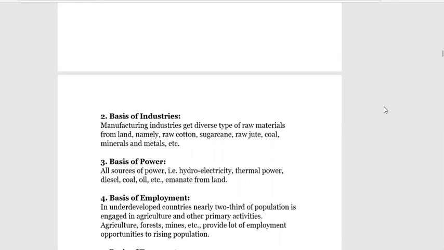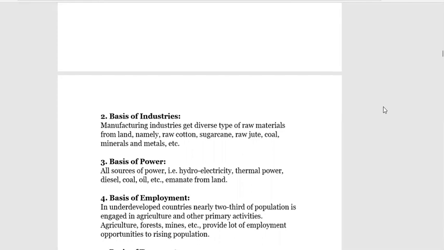If you want to set up a power industry, as we have seen, the thermal power or the hydroelectric power, then also land is required. For thermal power, coal is required.